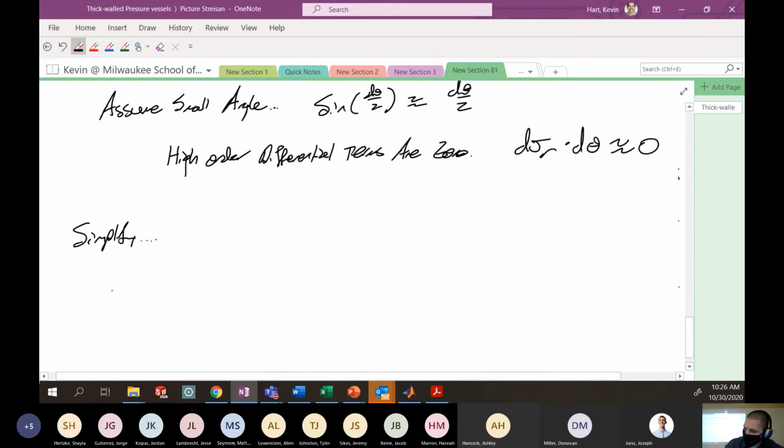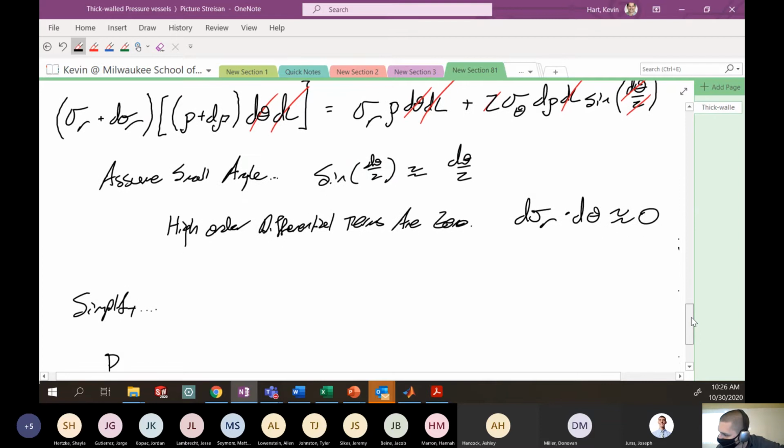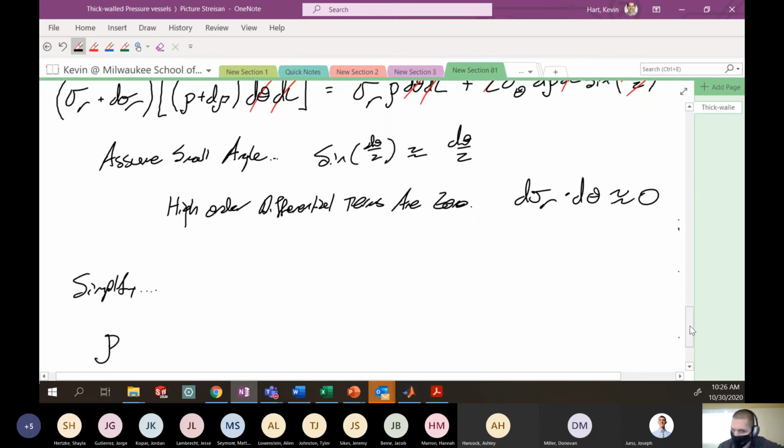Here we will have rho d sigma r on the left-hand side, these two guys multiplying each other, plus rho sigma r, and we can just do our higher order terms here, sigma r times d rho.